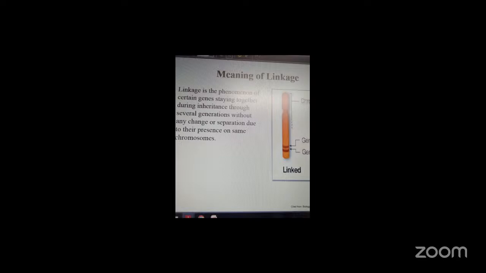It usually involves genes which are located close to each other. The strength of linkage depends on the distance between the linked genes: the lesser the distance, the higher the strength of linkage.